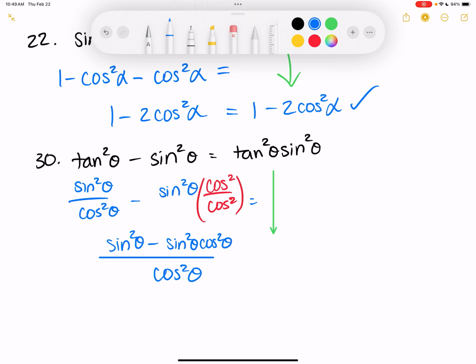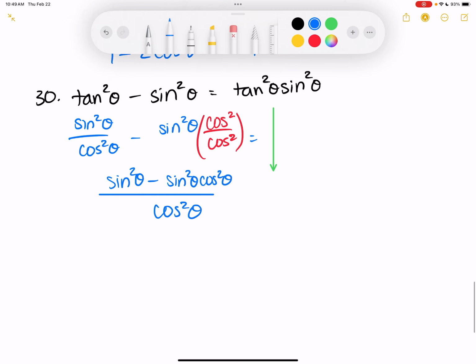I might have an idea now. Maybe. I don't know. Maybe not. What if we factor out a sine squared theta on the top, making it 1 minus cosine squared theta? So that would give me sine squared theta times 1 minus cosine squared theta over cosine squared theta.